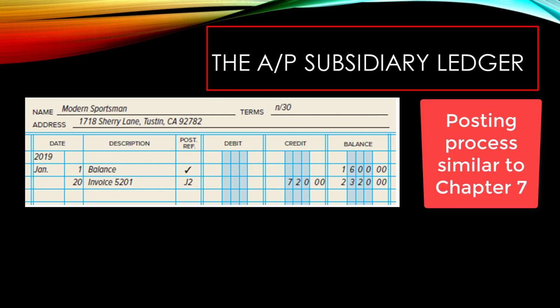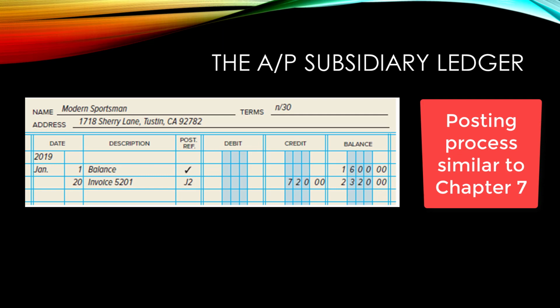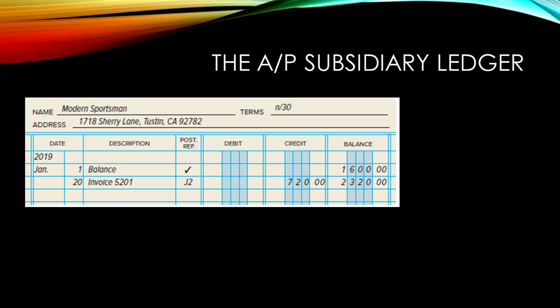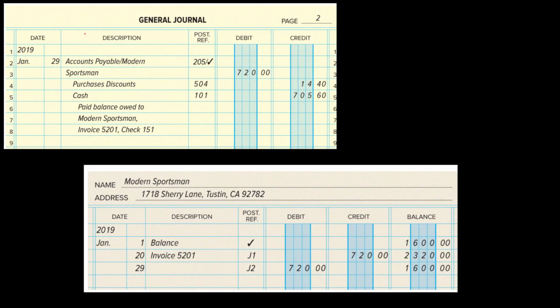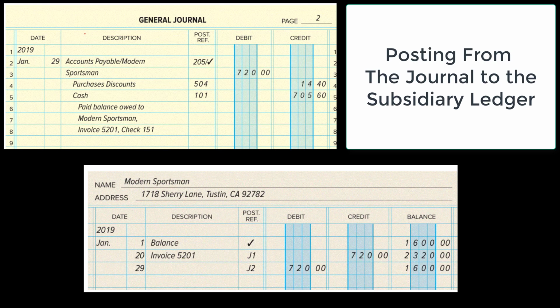We'll refresh our memory on how the posting works, but this chapter piggybacks off the sales chapter, and the posting to the subsidiary ledger is very similar. Let's review how the journal entries are posted to the subsidiary ledger.